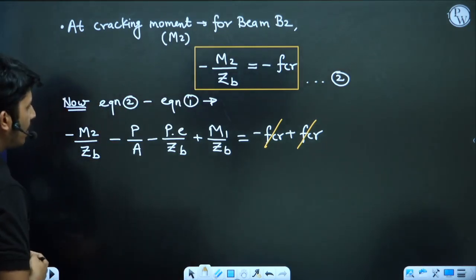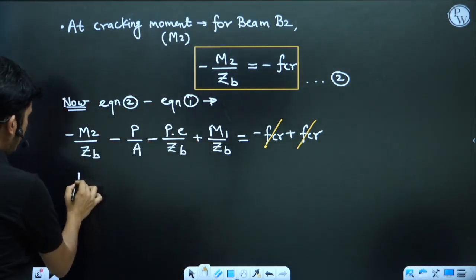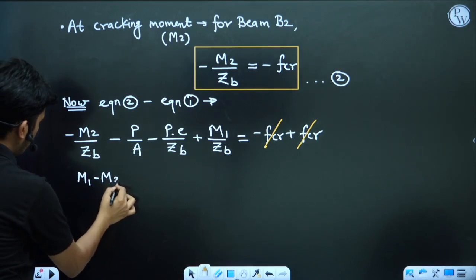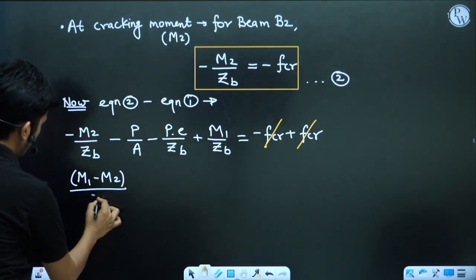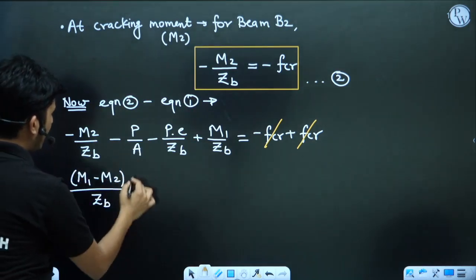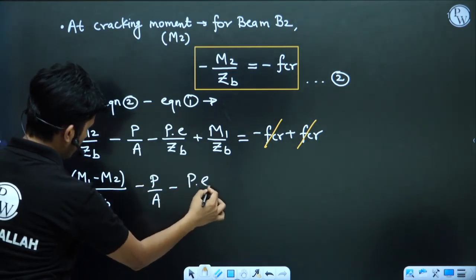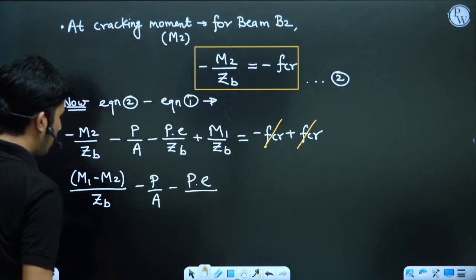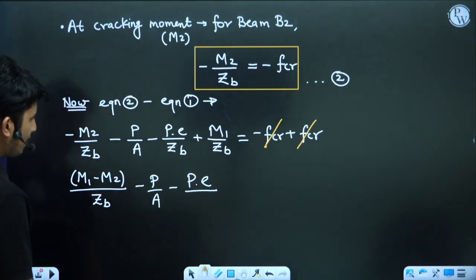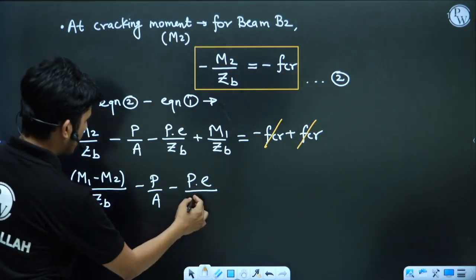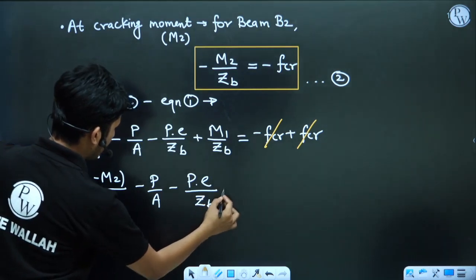So now we can say this will be M1 minus M2 upon Zb, minus P by A, minus P into e upon Zb, and that will be equal to 0.